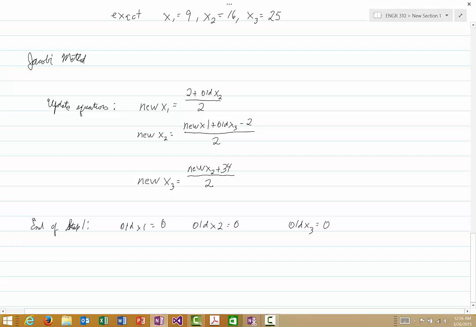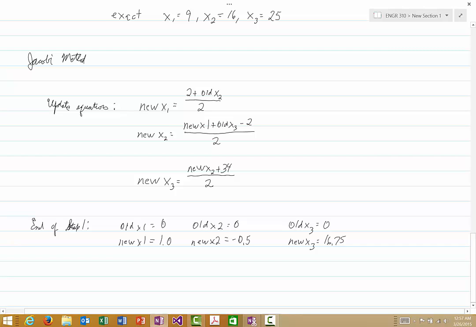So the old ones have not been updated yet, so they're still all 0. But what about new x1, new x2, and new x3? Well, these will be 1.0, minus 0.5, and 16.75.